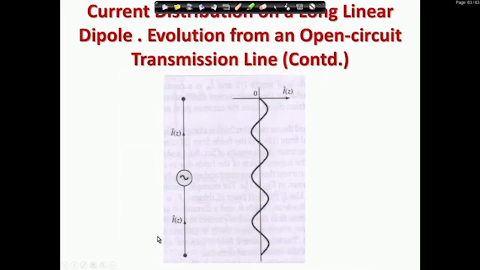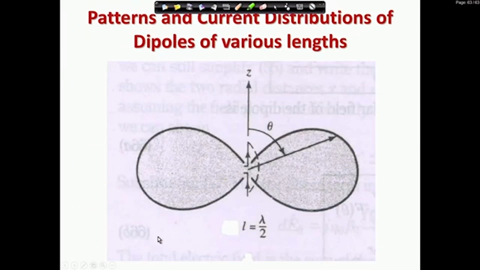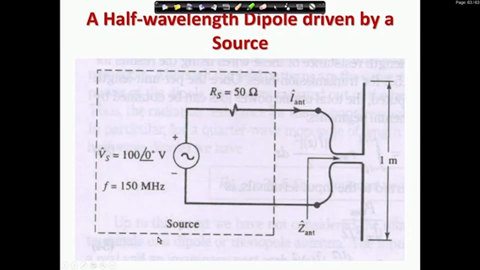I have taken a design problem, where a half wavelength dipole is driven by a source like this: Vs is 100 volt, 150 megahertz, Rs, the source resistance, is 50 ohm, and it is connected to the antenna, which is a 1 meter dipole antenna.